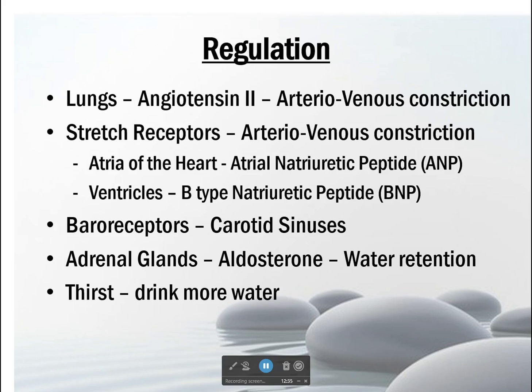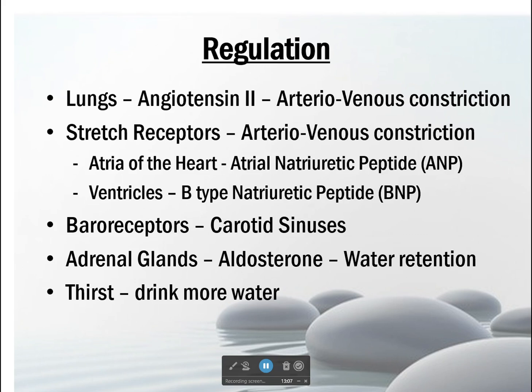The same is true for B-type natriuretic peptide, which is secreted as a result of the stretch receptors in the ventricles sensing the extra volume. So as more stroke volume comes into the ventricle, it's distended. That distension signals the stretch receptors to try to improve perfusion to the kidneys and help eliminate this extra fluid.